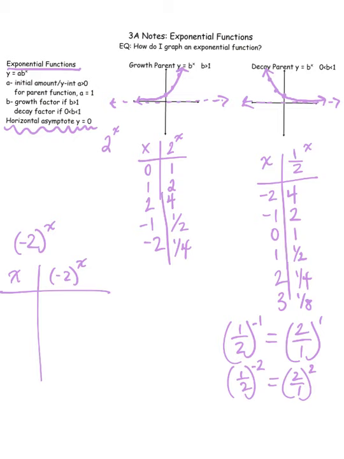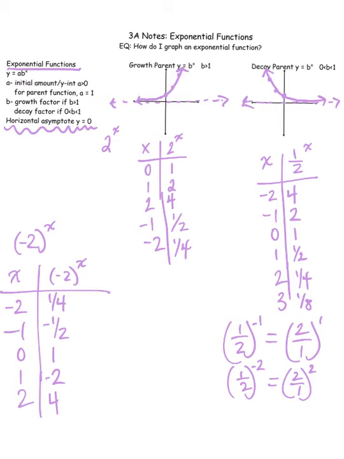Let's see what happens. x = -2, -1, 0, 1, 2. We know that anything raised to the 0 power will be 1. That's an easy one. Well, -2 to the first power is -2, but -2 squared is +4. -2 raised to the -1 power would be -1/2, but -2 raised to the -2 power would be +1/4.